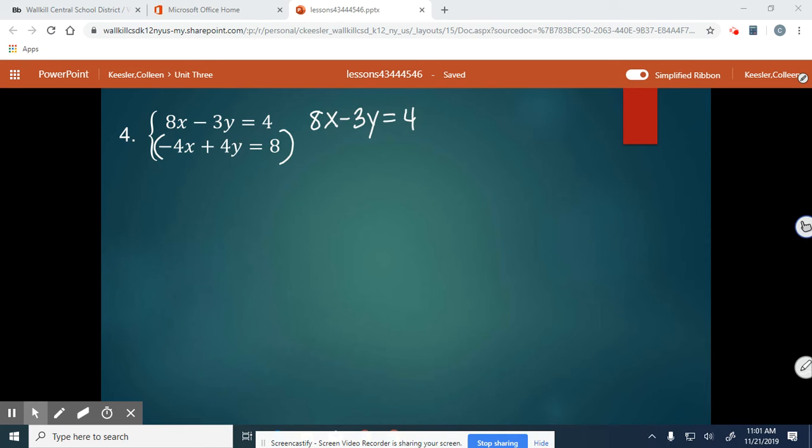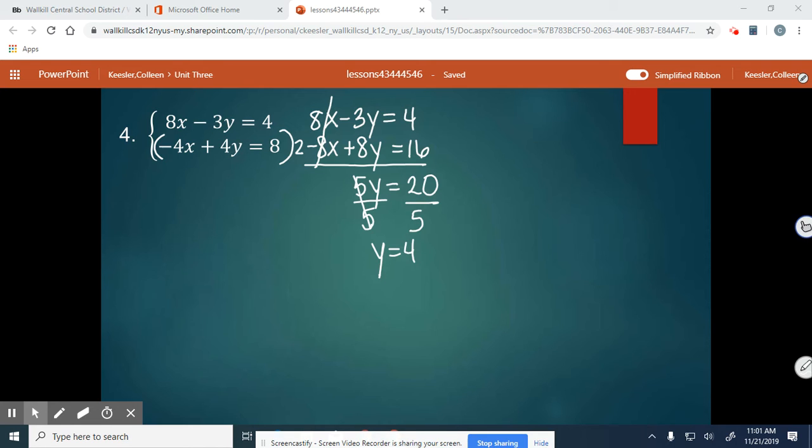And we're going to multiply the bottom equation all by 2, which gives me negative 8x plus 8y equals 16. Then add vertically, 8x and negative 8x cancel out. Negative 3 and positive 8 make positive 5y, and 16 and 4 make 20. Dividing by 5, I get y equals 4.